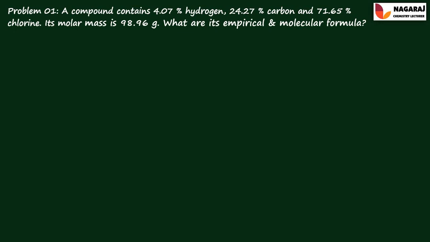The organic compound contains three elements: hydrogen, carbon and chlorine. The percentage of hydrogen is 4.07%, carbon is 24.27% and chlorine is 71.65%.